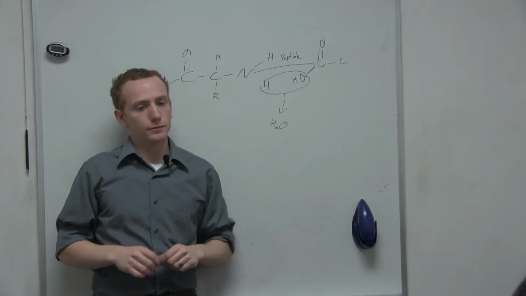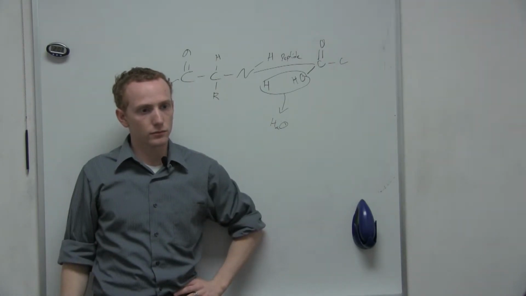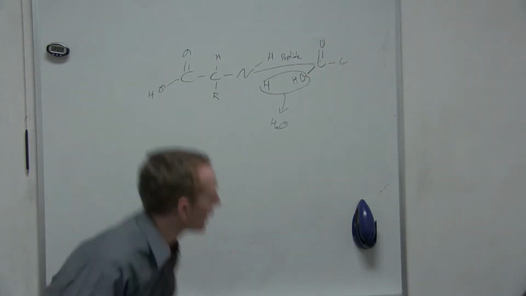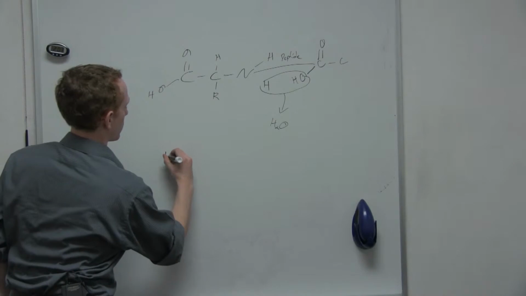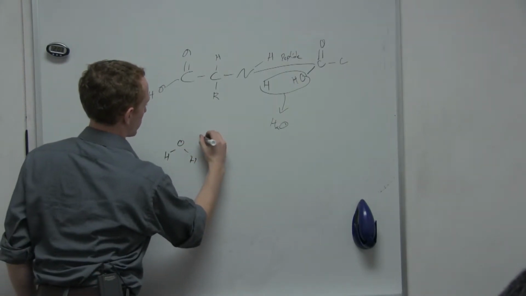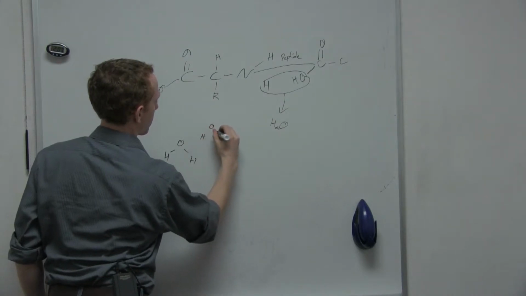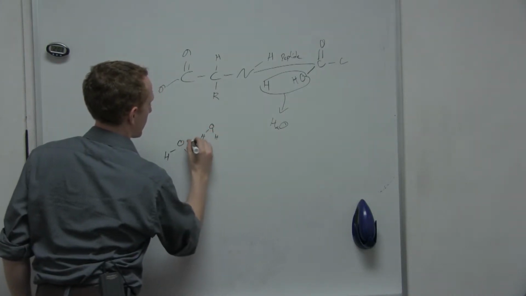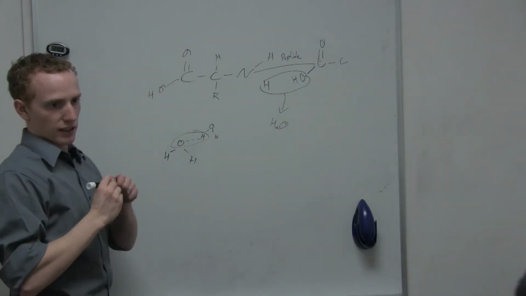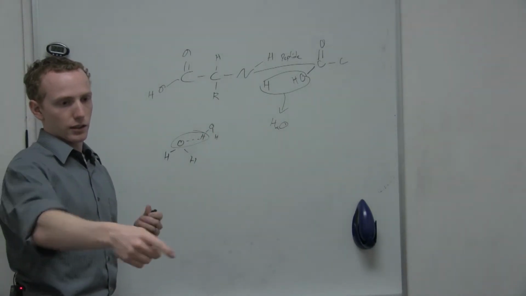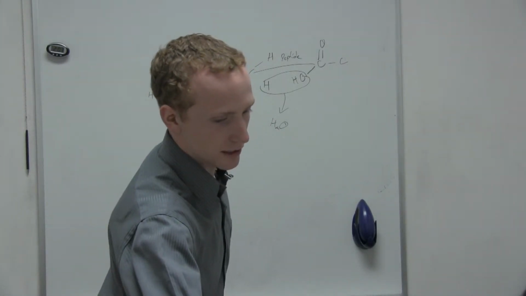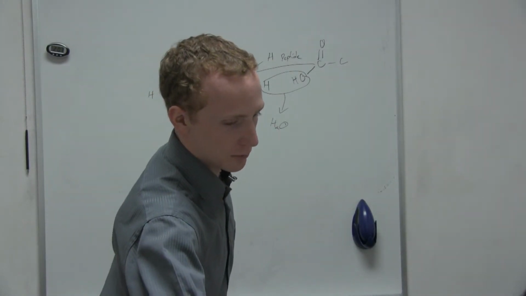So what does it do? Both in the pleated sheet and the helix, there's hydrogen attached to the oxygen. So kind of like those water molecules, those hydrogen bonds, that's the exact same thing that's happening there: there's hydrogen sticking off and there's oxygen sticking off, and then they form hydrogen bonds.